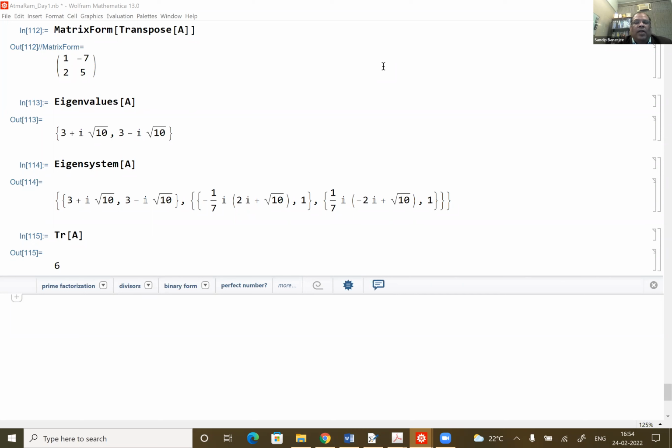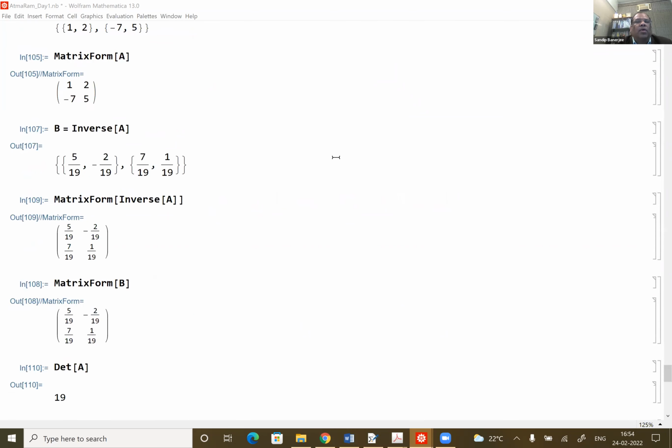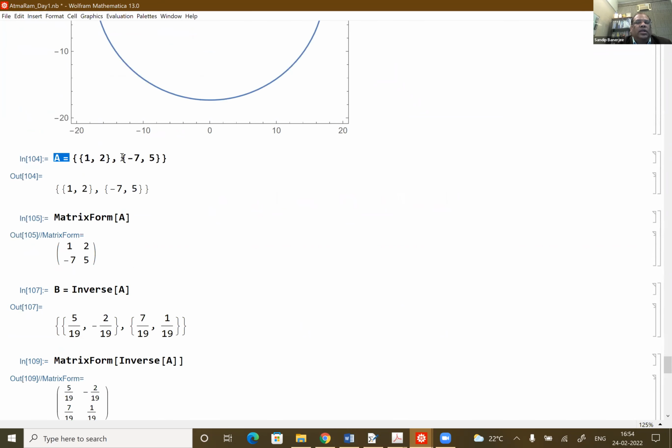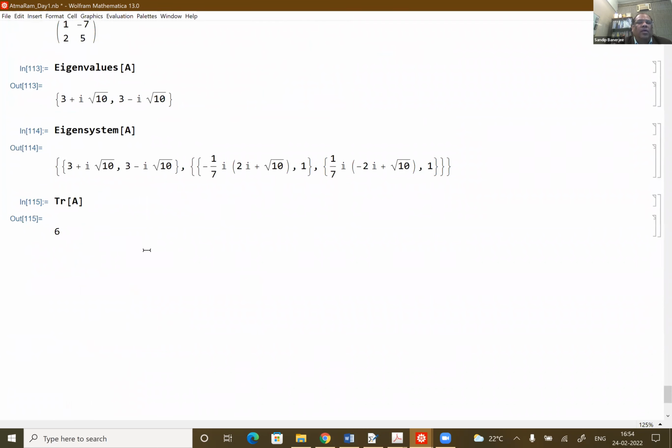I mean, how to write the matrix? Okay, let me just quickly show you one more time. Any matrix is in this form. So this is 2 cross 2.